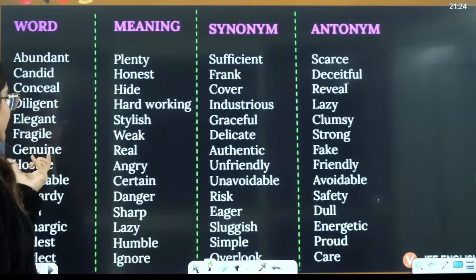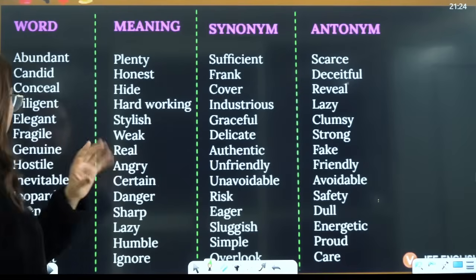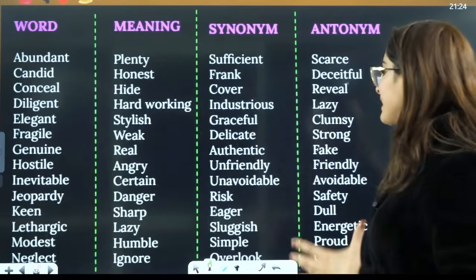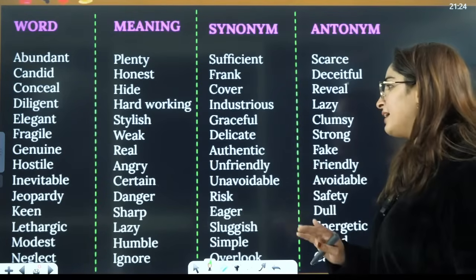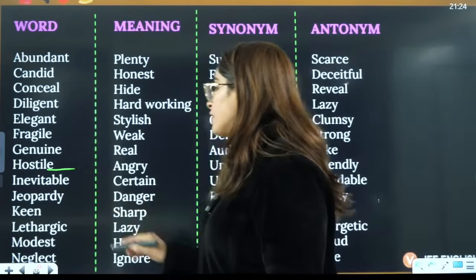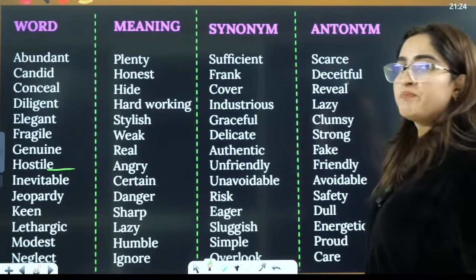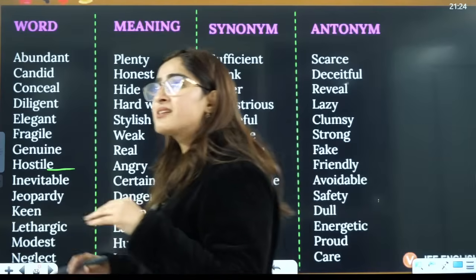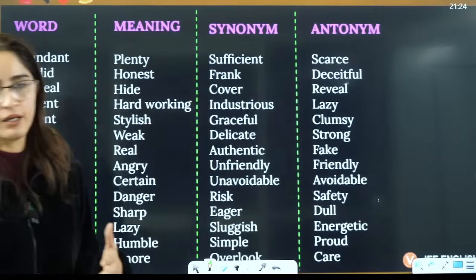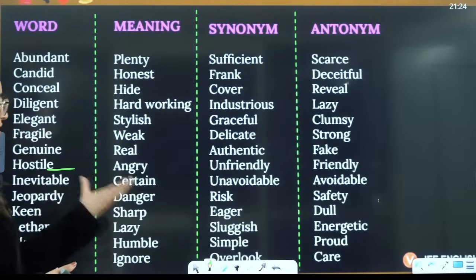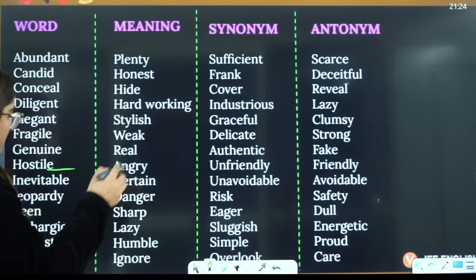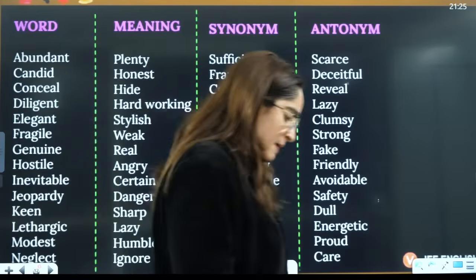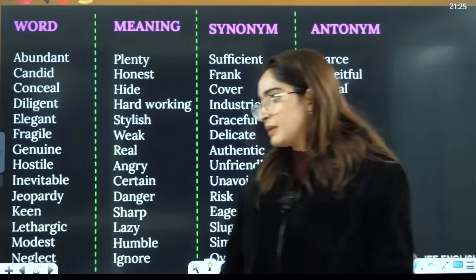Then genuine, real, authentic, opposite is fake. Hostile is angry, unfriendly, and the opposite is friendly. Hostile must be a good word for you. Inevitable, that means very difficult to happen. Sorry, inevitable means, for example, I can say death is inevitable, isn't it?